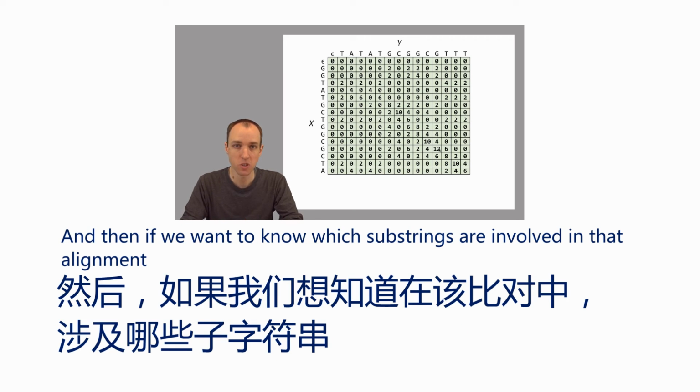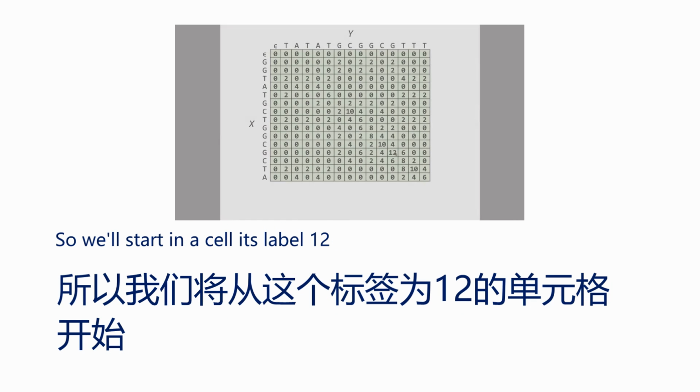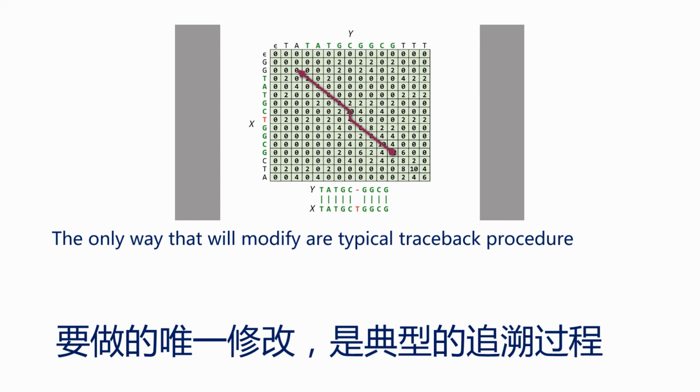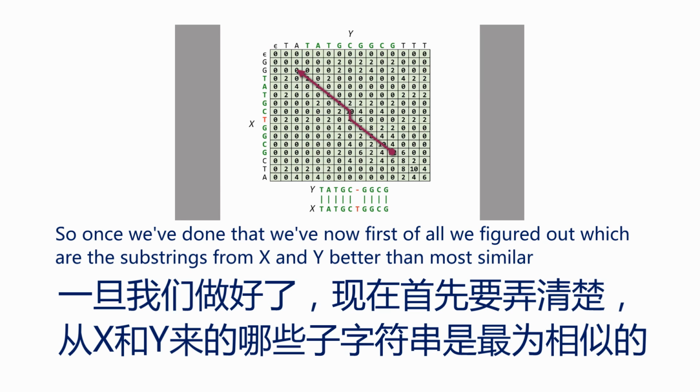And then if we want to know which substrings are involved in that alignment and exactly what the shape of that alignment is, we can use our usual traceback procedure. So we'll start in the cell that's labeled 12. We'll do our usual traceback thing. The only way that we'll modify our typical traceback procedure is that we're going to stop as soon as we reach an element whose value is 0.